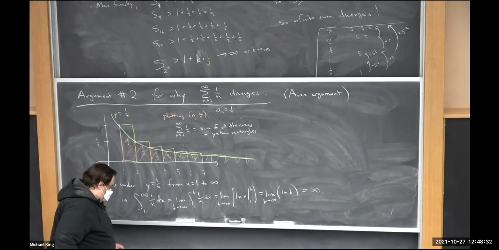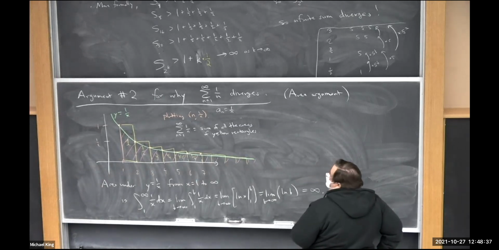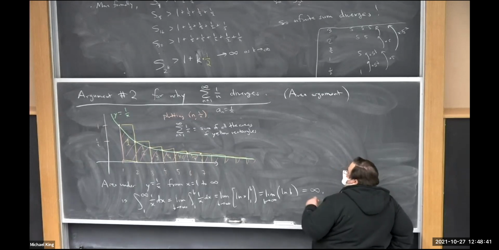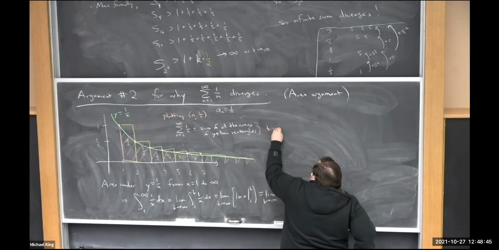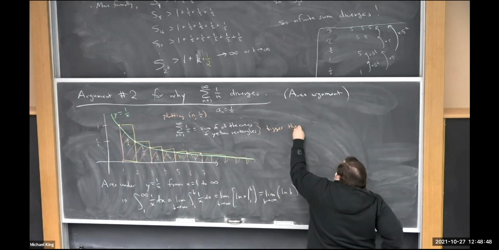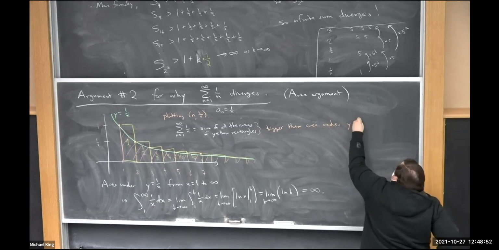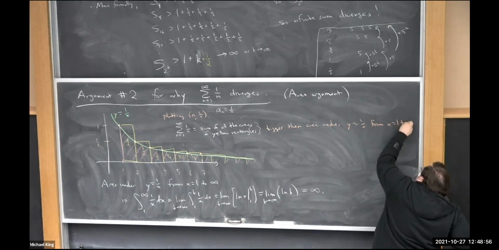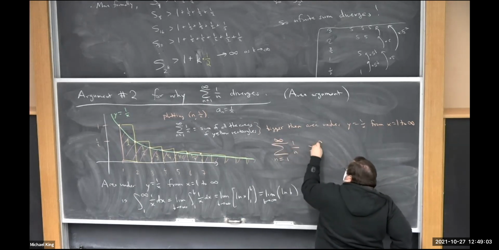So in fact, if we look at it this way, this is bigger than the area under y equals 1 over x from x equals 1 to infinity. And so really what I'm saying is that the sum here is bigger than the integral.